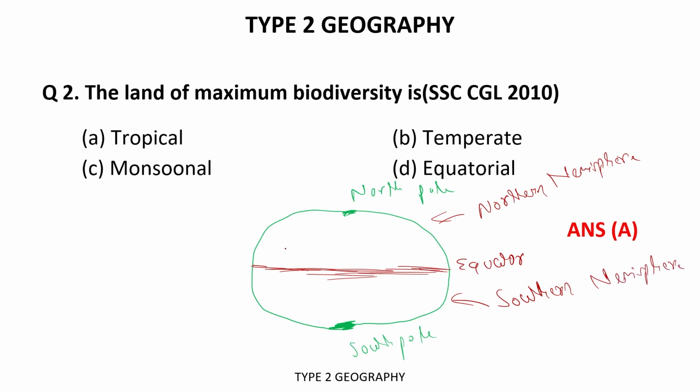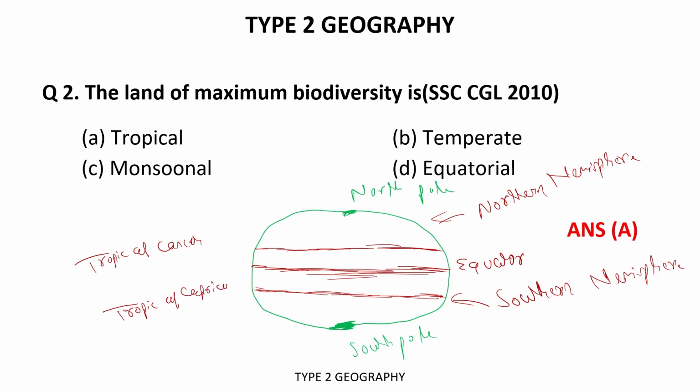Similarly, another line above and below the equator passes through the Earth. The above one is known as the Tropic of Cancer. The lower one is known as the Tropic of Capricorn.